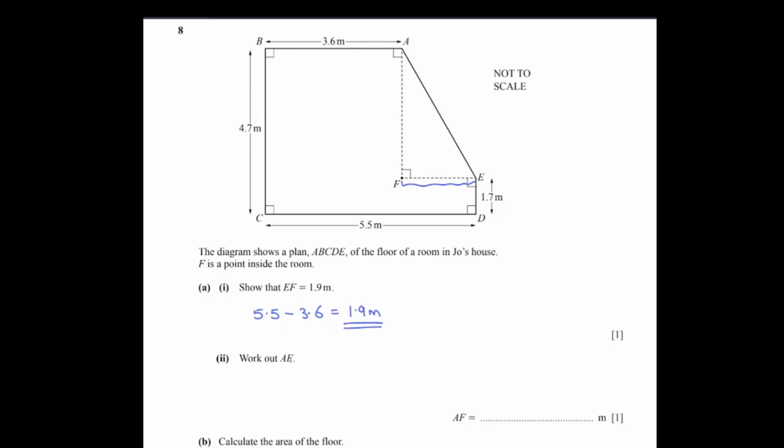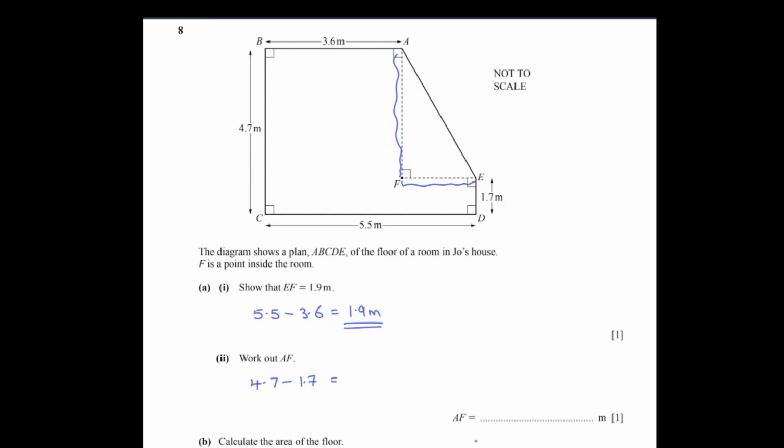Now work out AF. We need to find this distance now, AF. For that, we take this bigger side BC, which is 4.7, and subtract this small side, leaving these two sides only. So this ED should be subtracted. ED is 1.7.